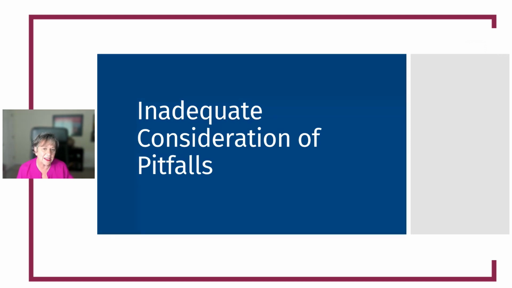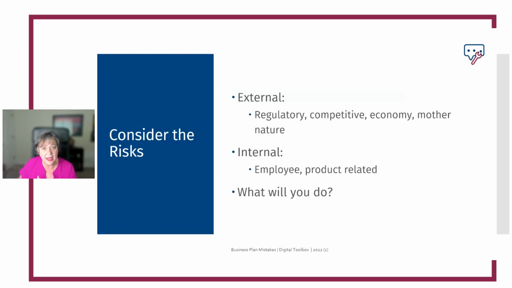This is something that makes me crazy. It's not a nice place for business owners. There are all sorts of things that can go wrong. And you need to think about that and anticipate, what are you going to do if that does? It's not being negative, it's being proactive.